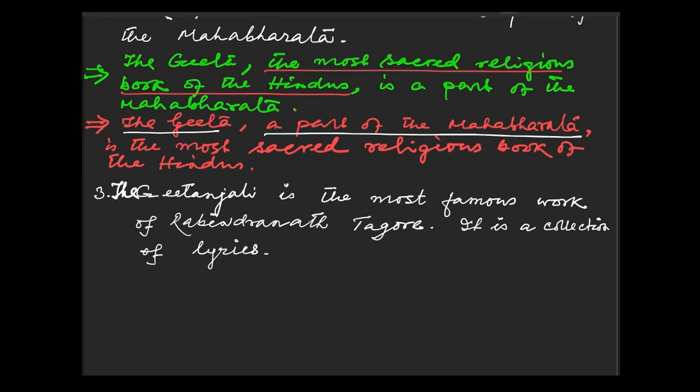The last one is the Gitanjali. The Gitanjali, the most famous work of Rabindranath Tagore. Write this. It can be written in two ways also.